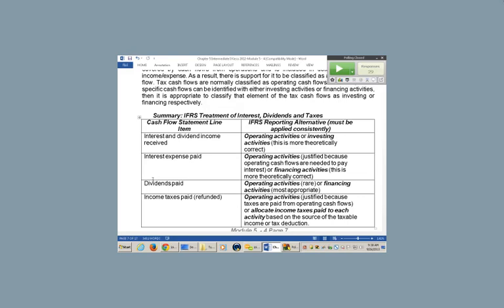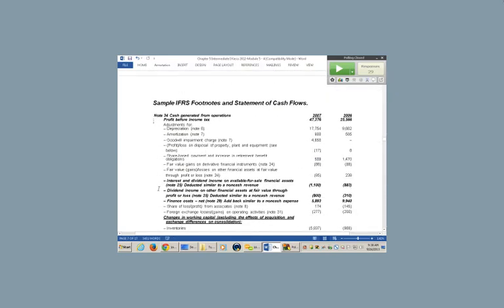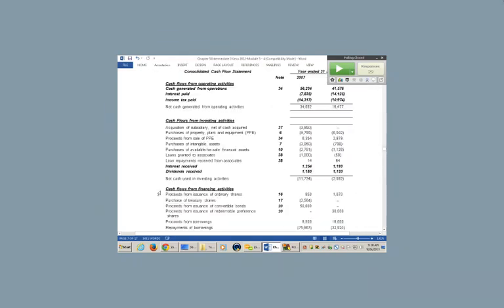Any taxes paid on a gain on a sale of a plant asset goes into investing. So that's another option. So you have to understand that these are relatively flexible in the IFRS standards. Now, let me show you one illustration of this. And first, let's go to page 9.